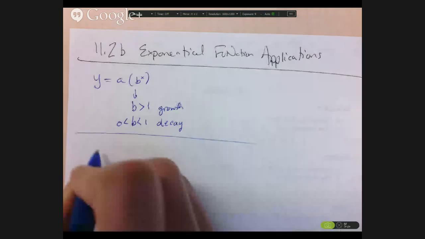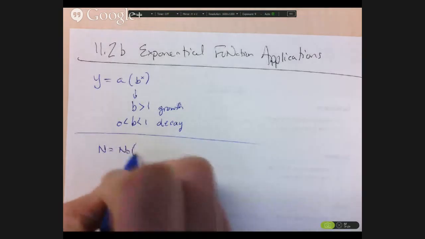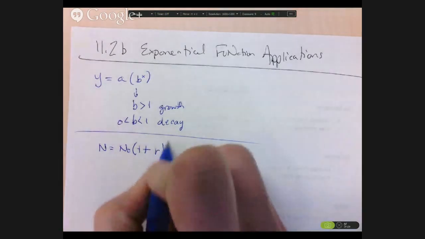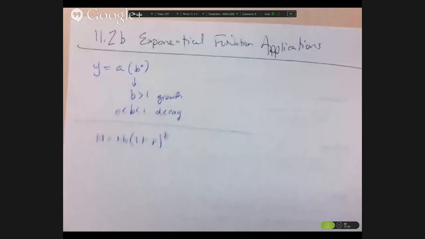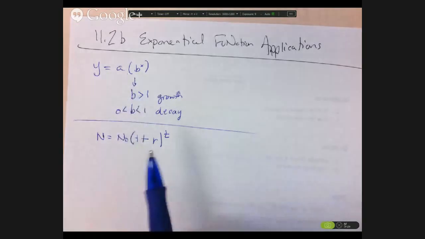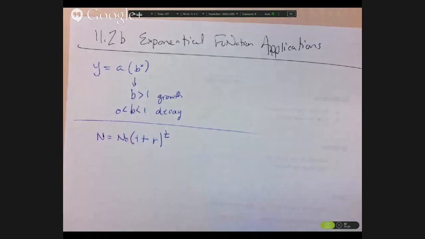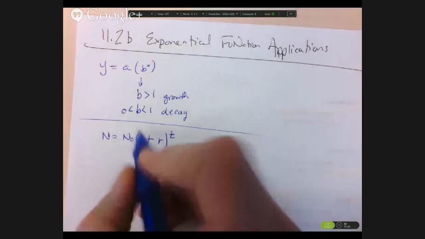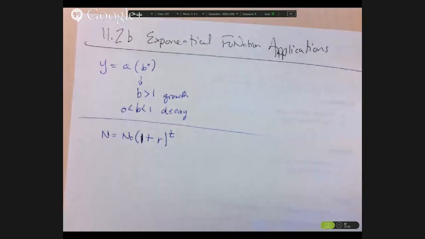So there's a different format, but you see that N0 matches with A, 1 plus R is B, and then T is X. So N equals N subscript 0 times 1 plus R to the T.